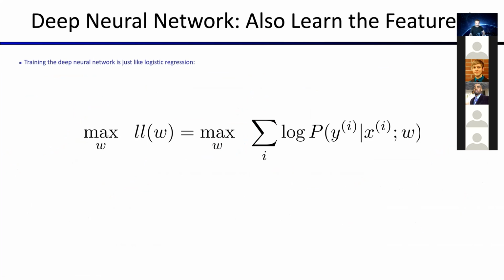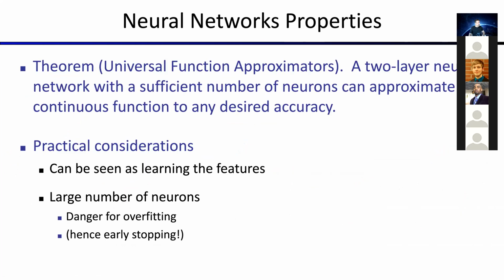Okay. Let me see. I think we can stop here. But something to mention about neural networks is that we have this universal function approximation.